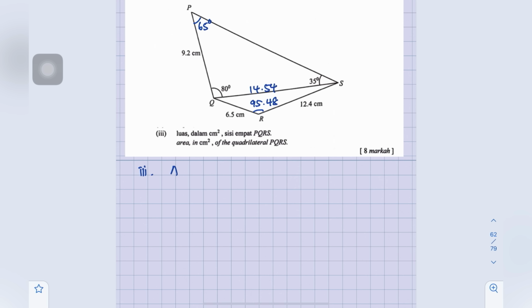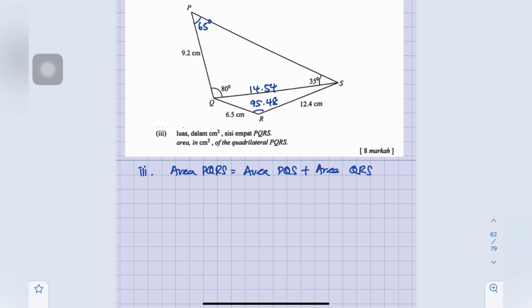So area PQRS, we can use the formula 1 over 2 ab sin C. So it equals area PQS plus area QRS.